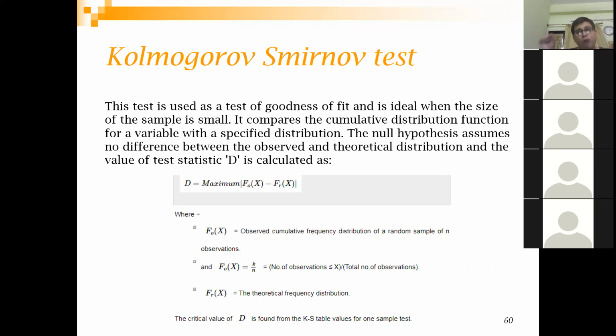From your distribution you may get a value of, say, 0.2 or maybe 2, and from your normal distribution you find that the value at probability 0.25 is 1.5.